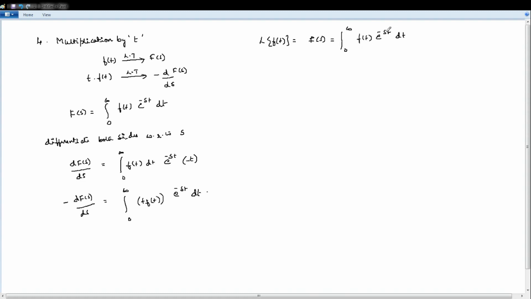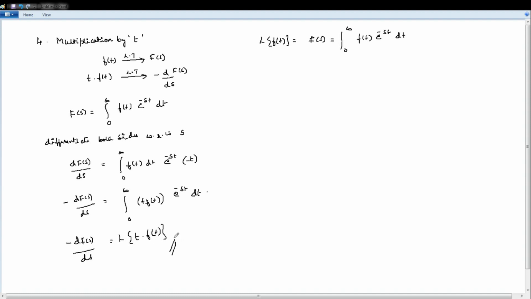Since f of t is here, we write this as the Laplace transform of f of t. Similarly, here f of t is replaced by t into f of t. So this is the Laplace transform of t into f of t, which is nothing but minus dF of s divided by ds. So this is the property.